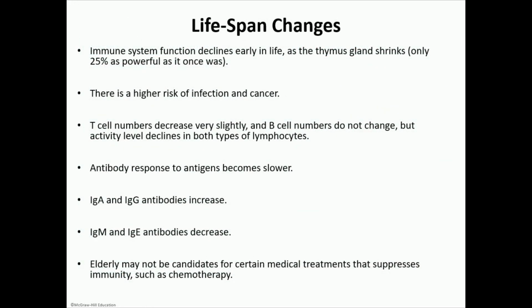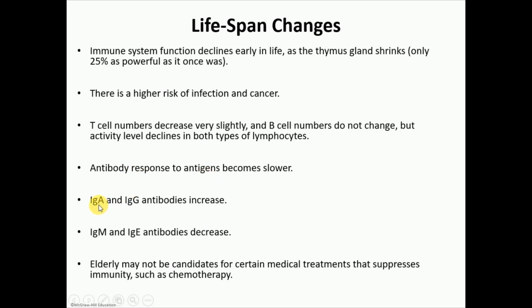Lifespan changes in the immune system: we already talked about how the thymus gland tends to shrink, and that is why we have a higher risk of infection and cancers as we age. T cell numbers tend to decrease, B cell numbers not as much, but the ability to perform their actions does decline. The antibody response to antigen becomes slower.